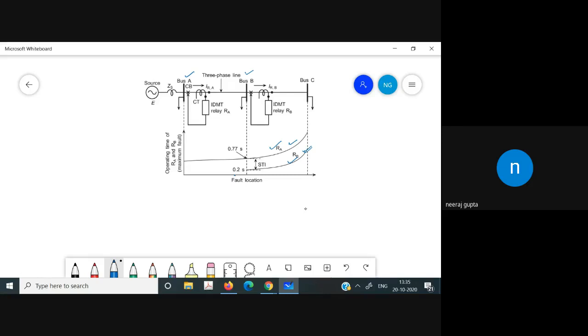If we have an n bus system, then we can make a computer algorithm to automate the task.